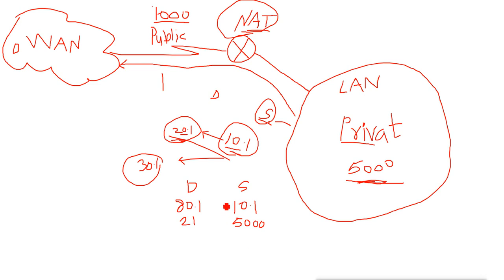So this is what the packet is. Now when the request goes out, it will be like this, and when the reply comes back from the server, the source will become destination and the destination will become source. That means now the destination will be 10.1 and the source will be 80.1.